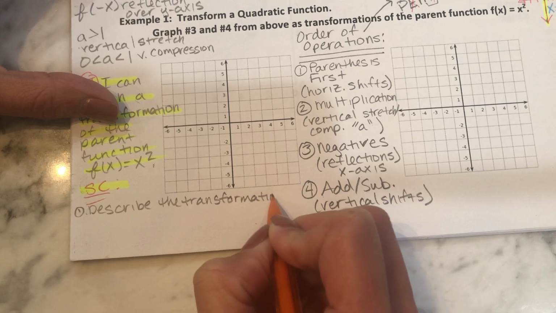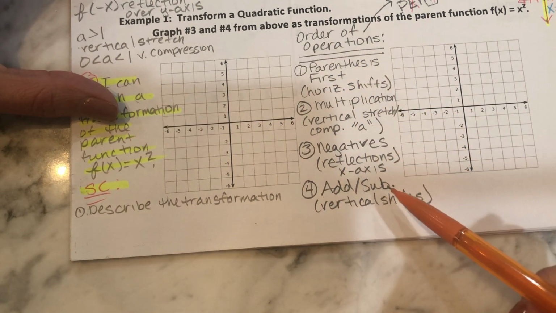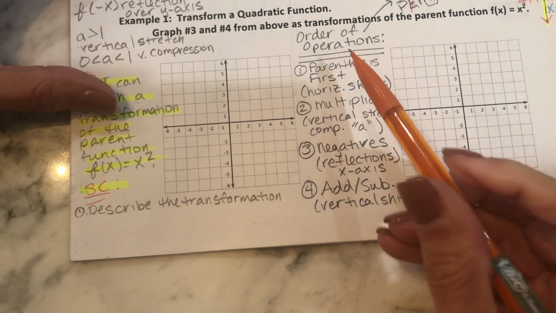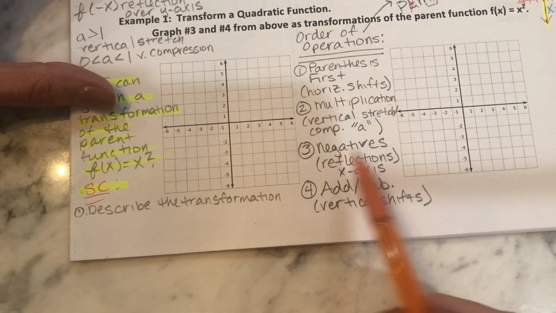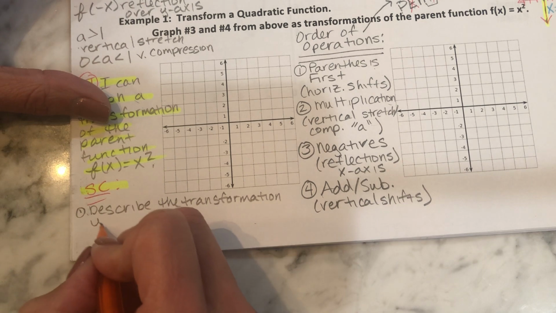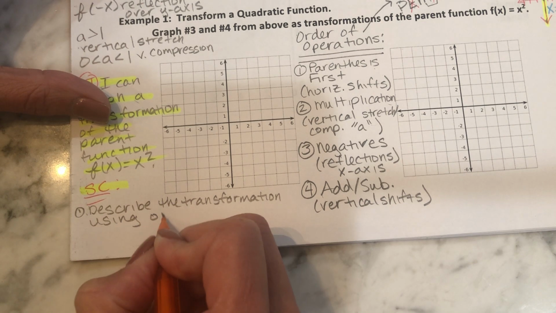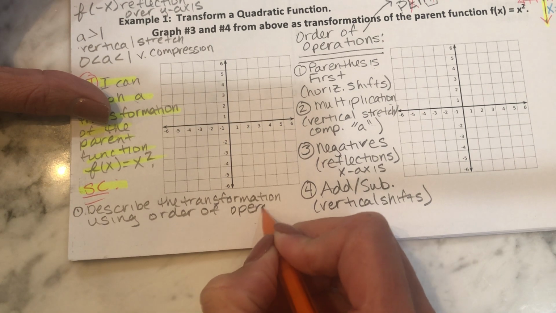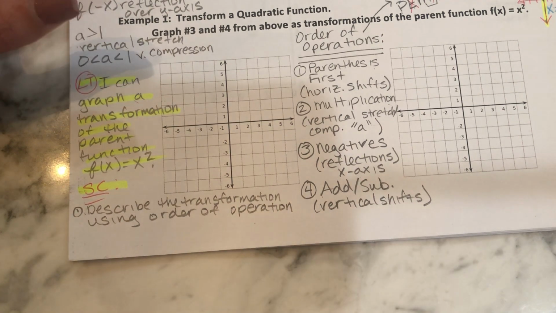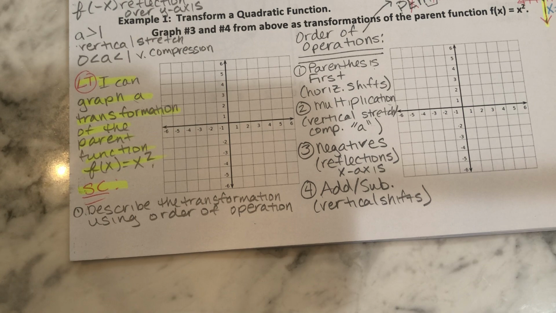And very important, you're going to use order of operations when you do it. So you're going to describe parentheses, then multiplication, and so on. Okay, so that's your starting point. That tells you what this transformation is going to look like.